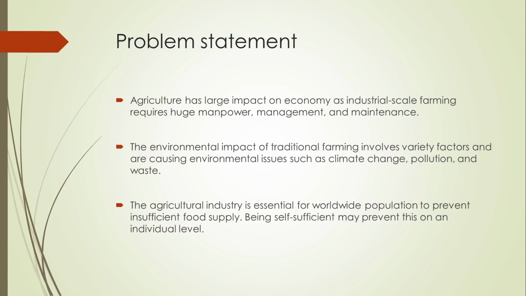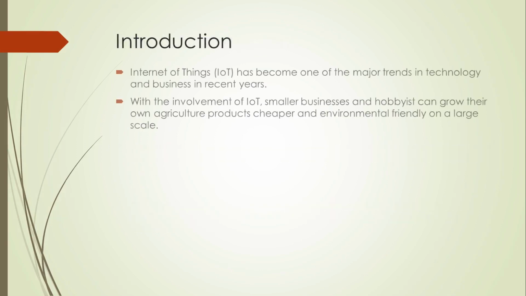The human population is increasing each year. Agriculture production needs to keep up to meet the demands of consumers. By growing your own vegetables, fruits, etc., you do not have to rely on commercial agriculture to meet your demands.